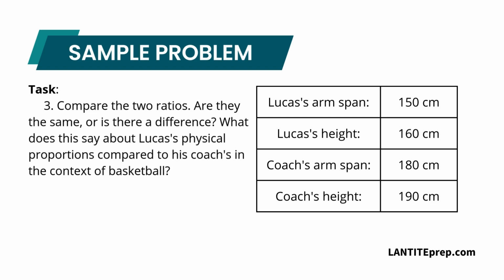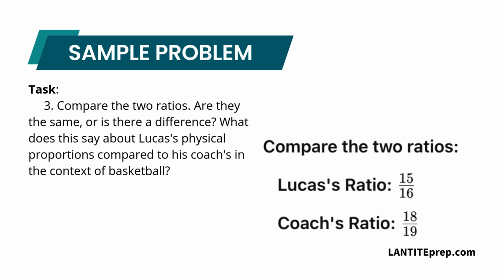Task 3 asks us to compare the two ratios. Are they the same, or is there a difference? What does this say about Lucas's physical proportions compared to his coach's in the context of basketball? In comparing the two ratios, we can see that both ratios are very close to 1, indicating that both individuals have proportional arm spans relative to their heights.